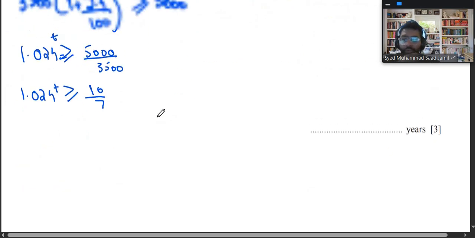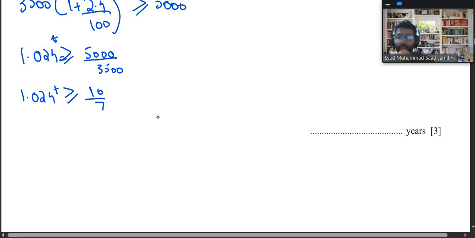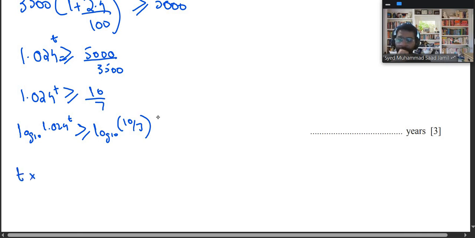Now what you guys will do, you guys will apply log, okay? So this will become log of 1.024 raised to power t is greater than or equal to log of 10 upon 7. So this becomes t multiplied by log 1.024 is greater than or equal to log 10 upon 7.